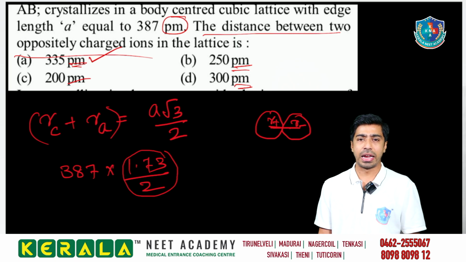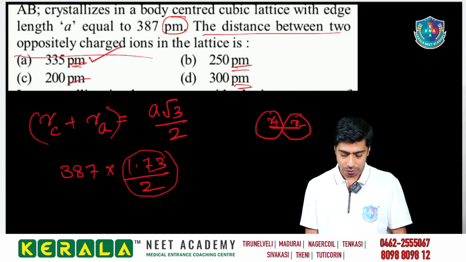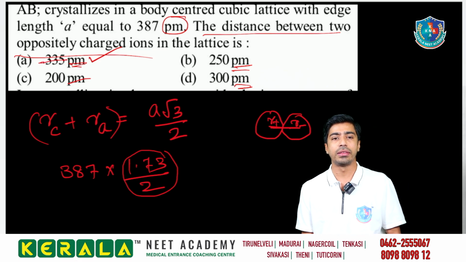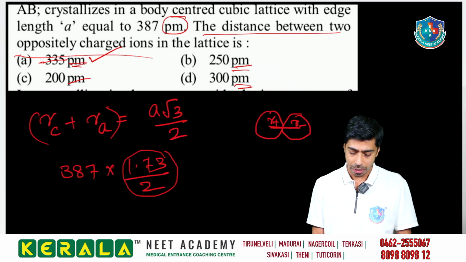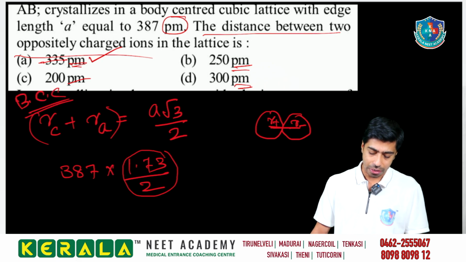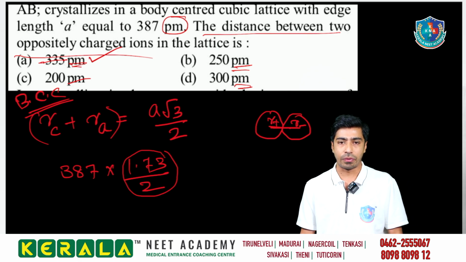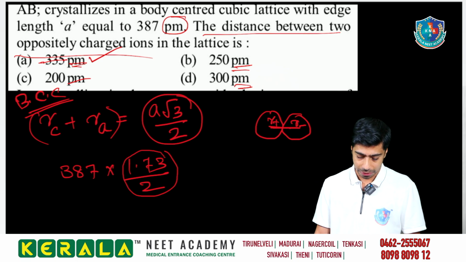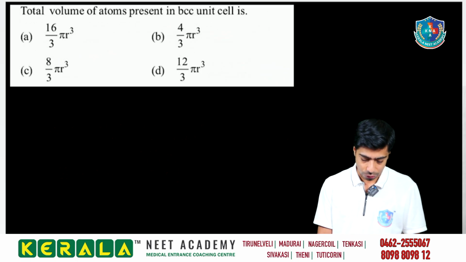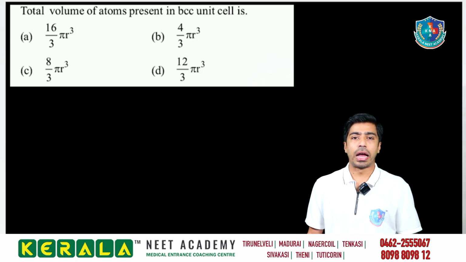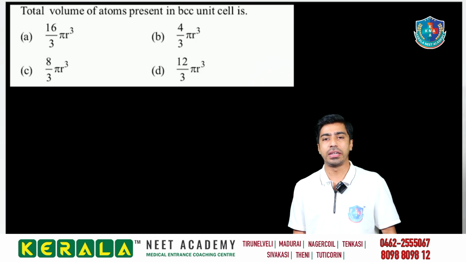Definitely the answer will be less than 387, as all the answers given are less than that. So the answer is 335 picometer. Remember, in case of BCC crystal, radius of cation plus radius of anion will be equal to A root 3 by 2. Then next one: the total volume of atoms present in a BCC type of unit cell.